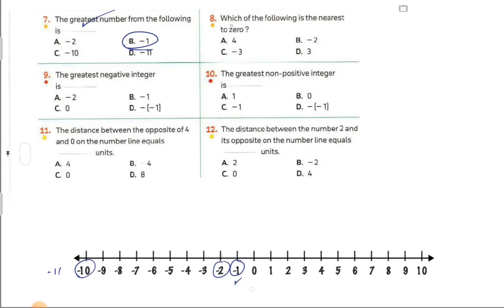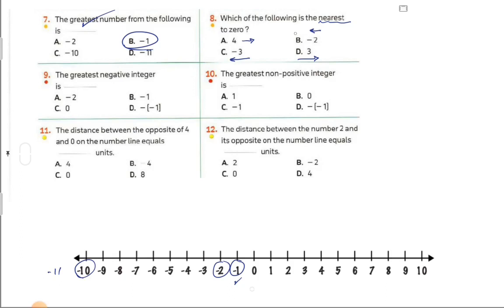Next, which of the following is nearest to 0? Okay, 4 is just 4 units from 0, but to the left. Negative 2 is 2 units to the left. For the nearest integer to 0, it's not important to know the sign.